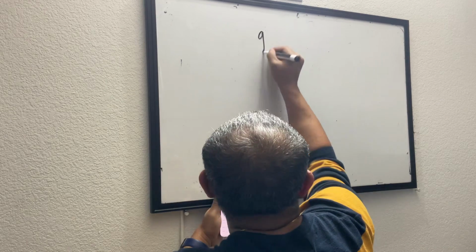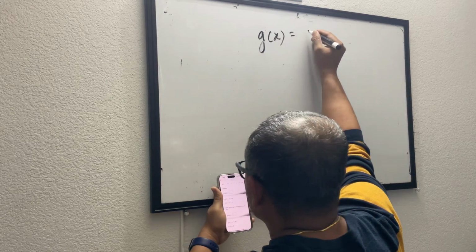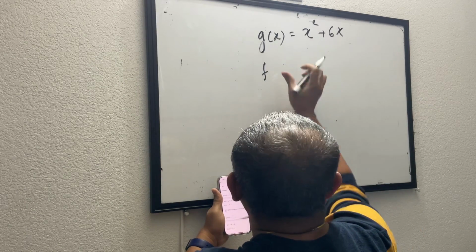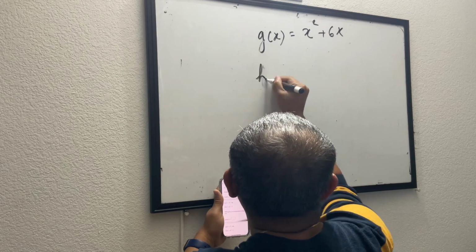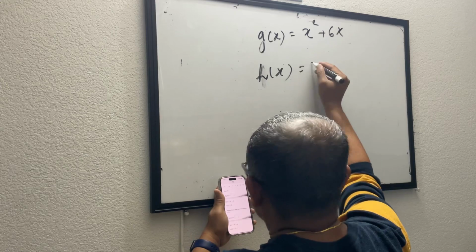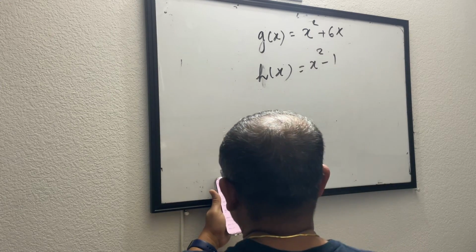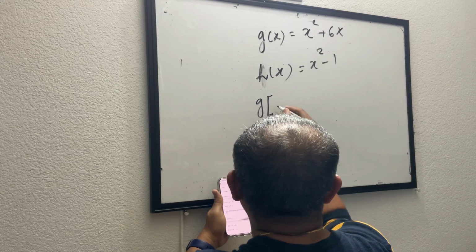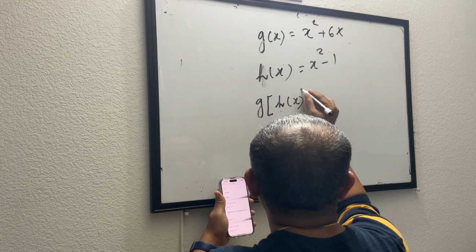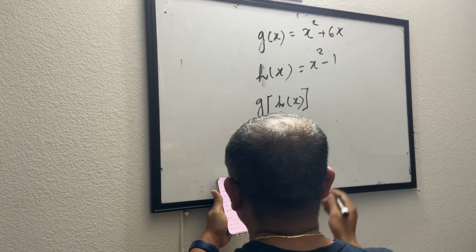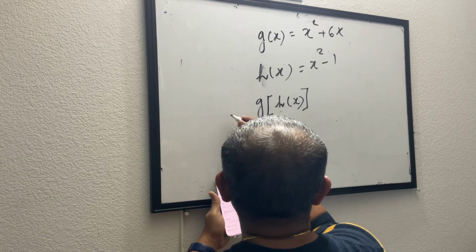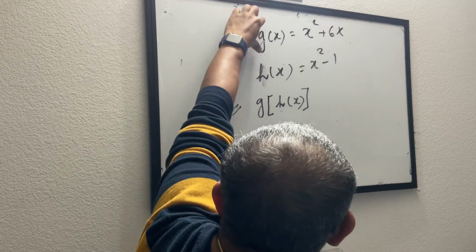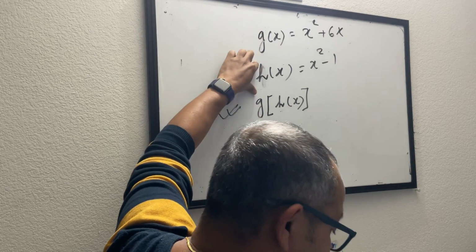So I have two functions given: g of x equals x squared plus 6x and h of x equals x squared minus 1. It says write g of h of x as an expression in terms of x, meaning derive g of h of x when you are given g of x and h of x.